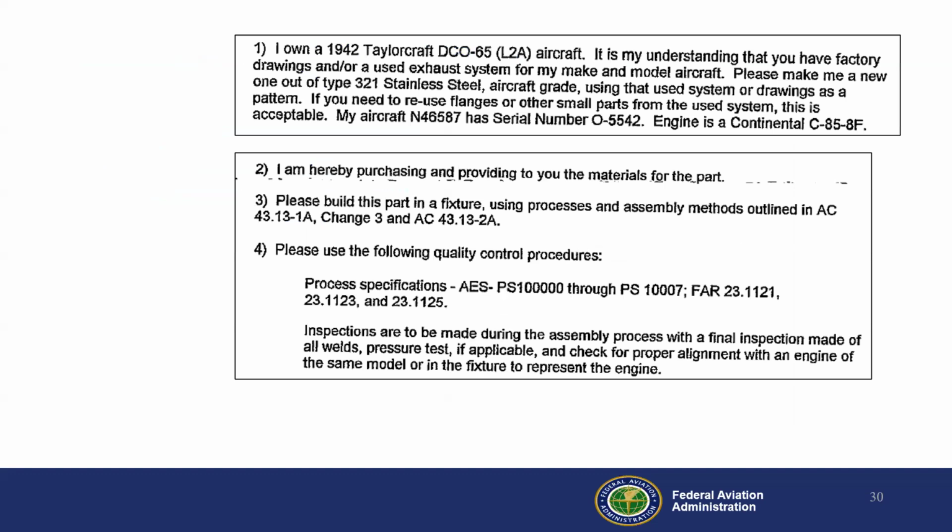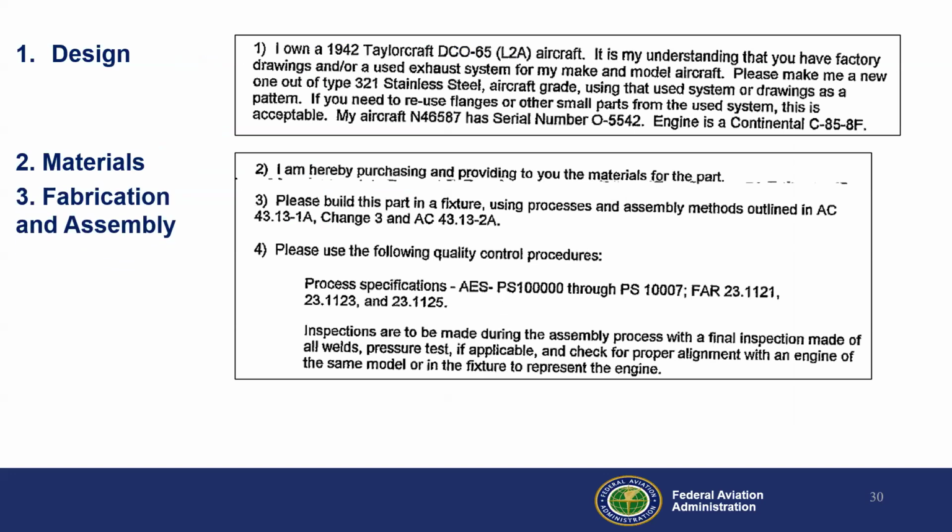So here's the first one. He told him how to design it. He provided the materials. He purchased and provided the materials. He told him how to fabricate and assemble it. Told him build it in a fixture using processes and assembly methods outlined in those ACs that are listed there. He also listed quality control.